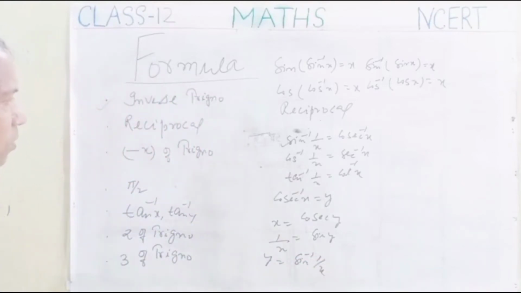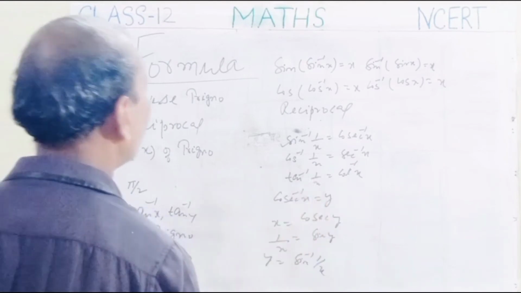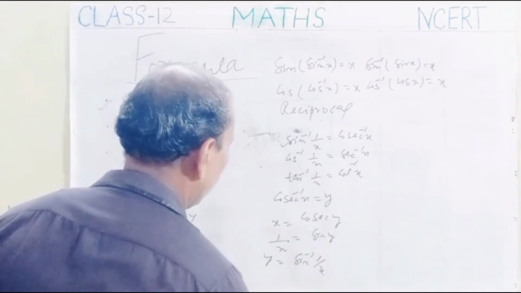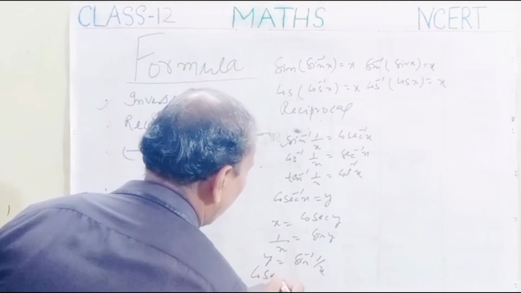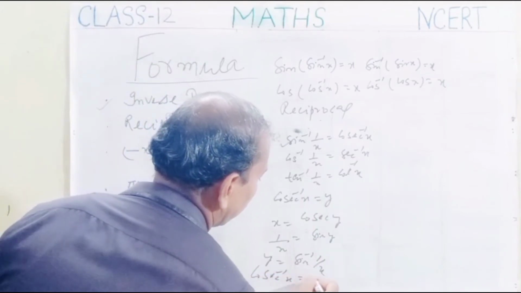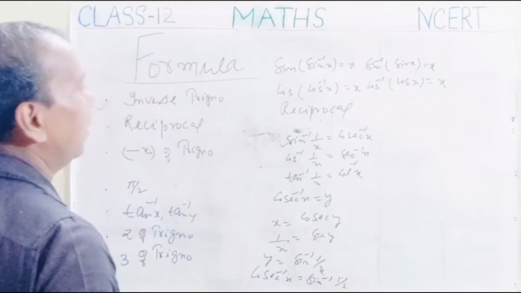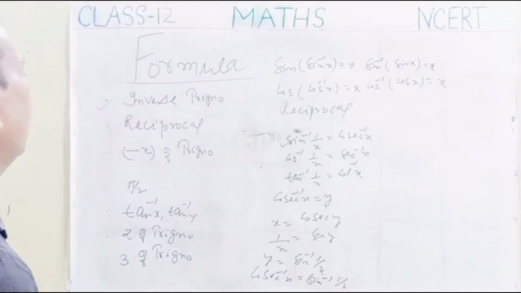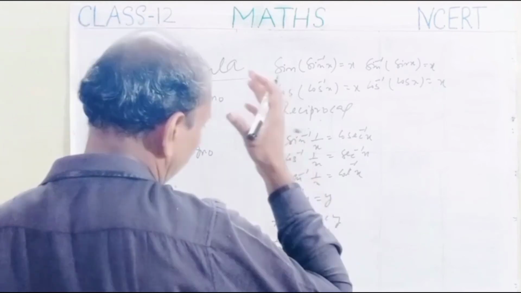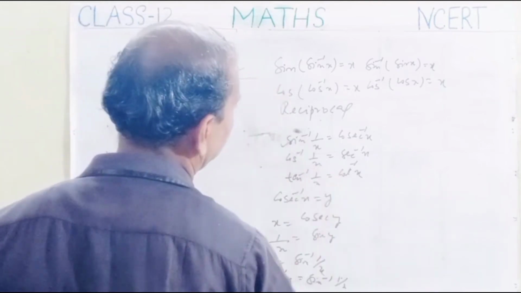Y I had assumed to be cosec inverse x. So cosec inverse x is equal to sine inverse 1 by x. Similarly, we can prove the others also, like cos inverse 1 by x.